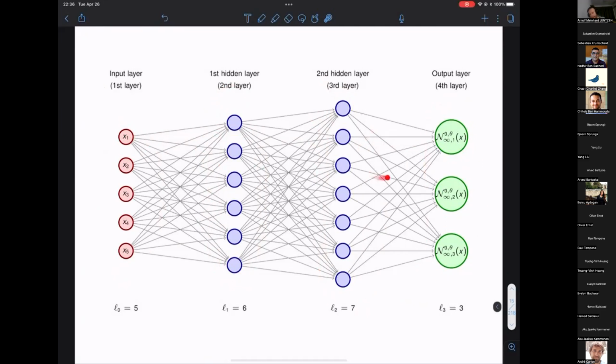Again an affine linear function, but here often there's no nonlinearity anymore. Maybe the most popular choice for the nonlinearity, applied here and here, is the multidimensional version of the rectifier function, so that we take a real number x and map it to the maximum of x and 0.